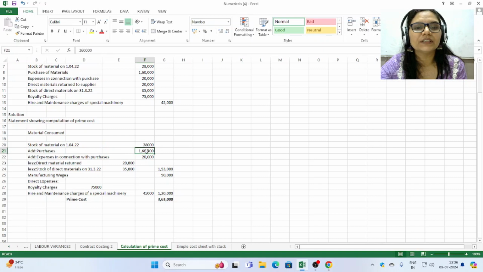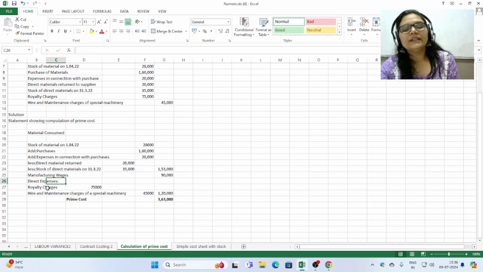We need to add purchases 1,60,000. We need to add expenses in connection with purchases 20,000. Then we will deduct direct material return 20,000 and stock of direct material 35,000, and finally we will get material consumed 1,53,000. Manufacturing wages are direct wages 90,000, direct expenses.